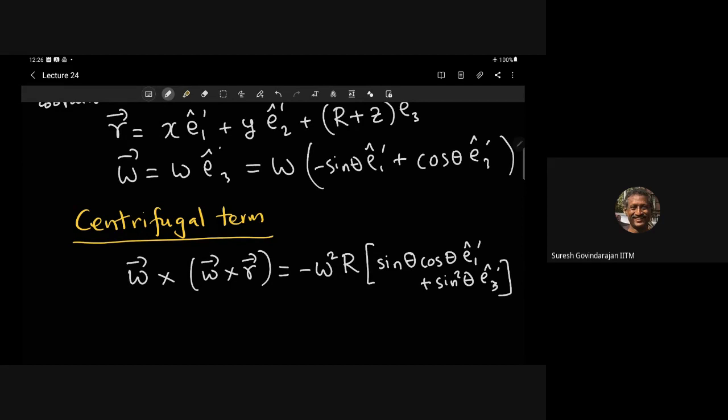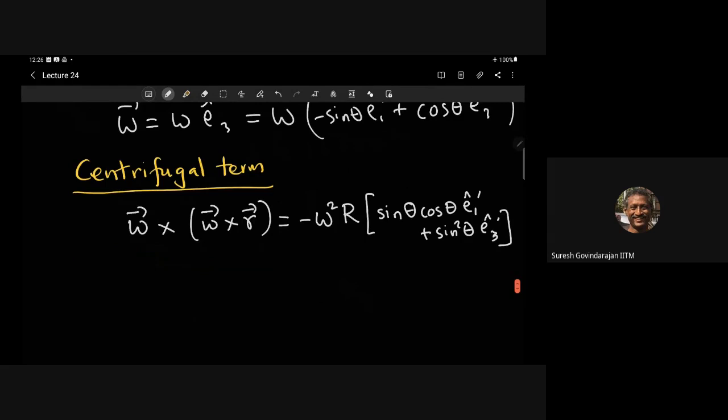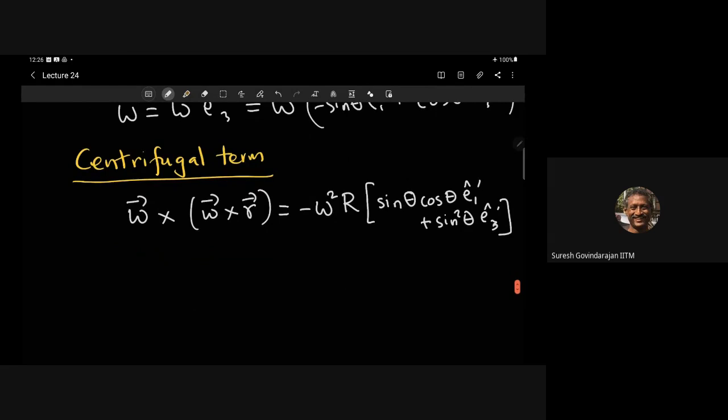This is the term coming from this term alone, R E3 prime, and there is also plus omega cross X E1 prime plus Y E2 prime plus Z E3 prime.